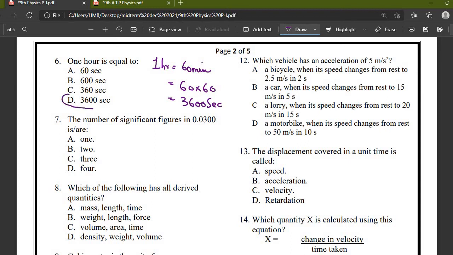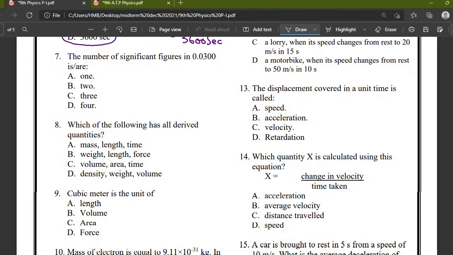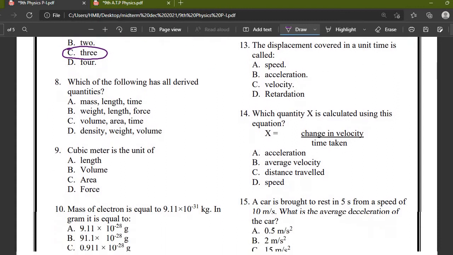So the correct answer will be option D, 3600 seconds. For the number of significant figures in this expression, the 3 is significant and these two zeros are significant, while the starting zeros are not significant. It means we have a total of 3 significant figures. So option C is the right answer.